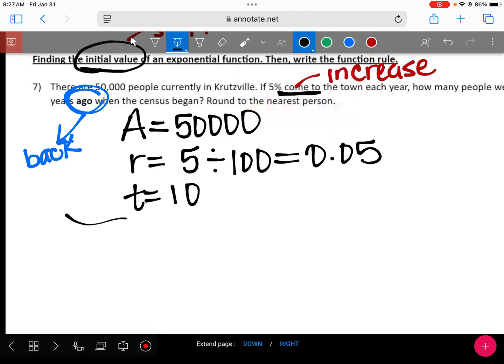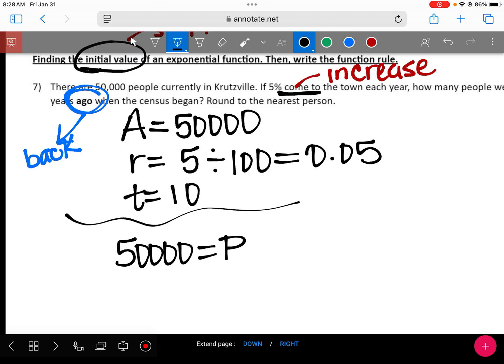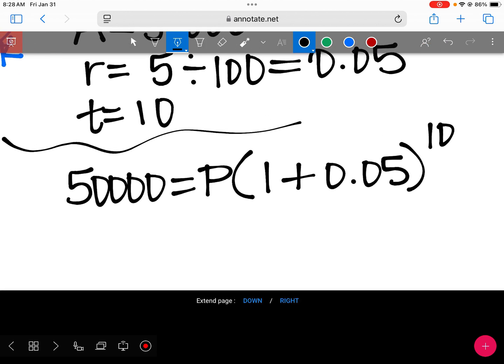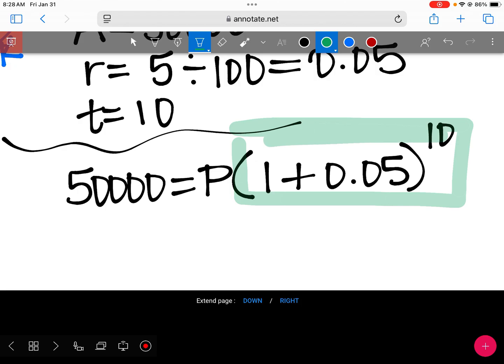So the formula, we're going to have 50,000 equals P, because we don't know that, times 1 plus 0.05 to the power of 10. So the thing to keep in mind is that this is a number.